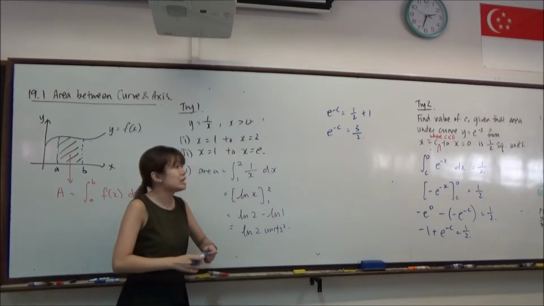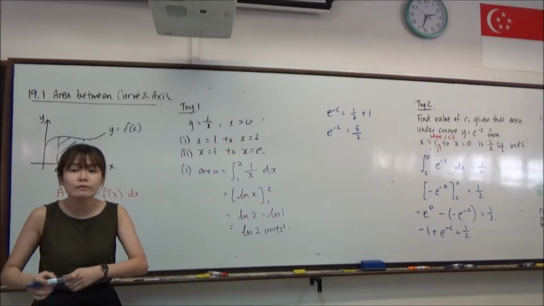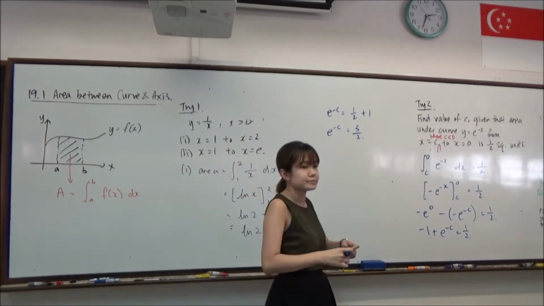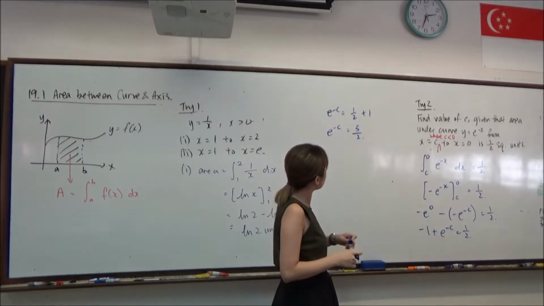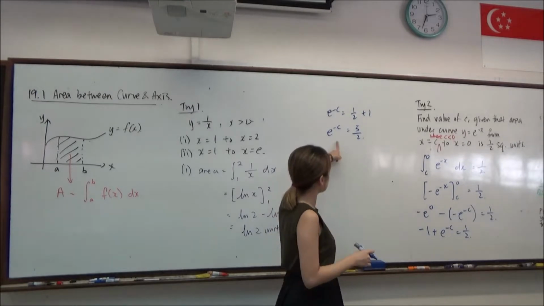So we find that we get e to the power negative C equals 3 over 2. How do we find C? We have to bring over the what? Here we go.